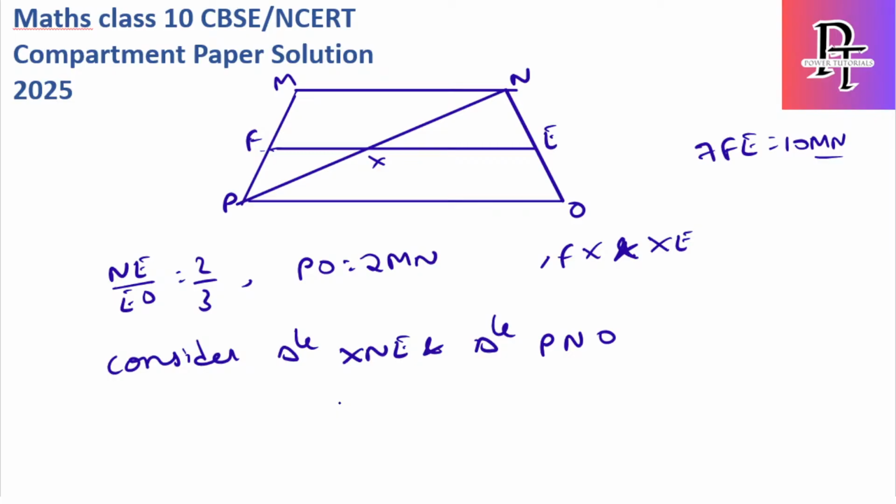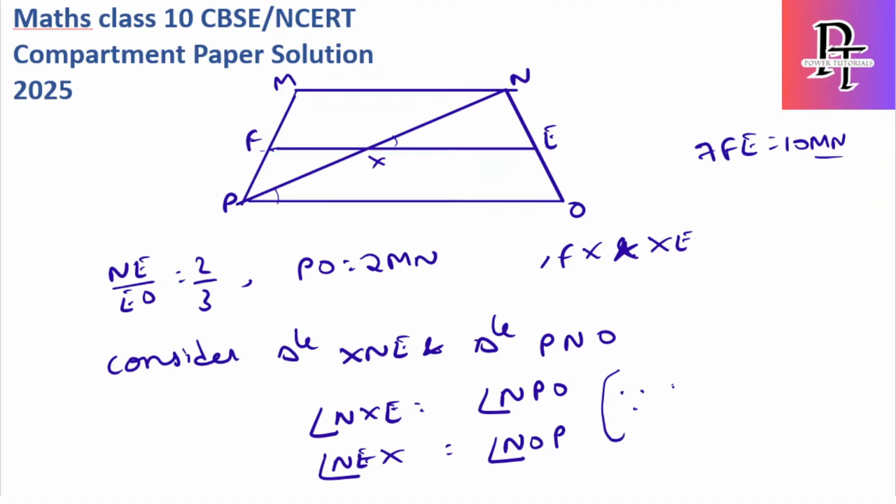If you consider these two triangles, angle NXE is equal to angle NPO, because these two lines are parallel. This angle is equal to this angle. In the same way, angle NEX is equal to angle NOP. Why? Because of the same condition, XE is parallel to PO.